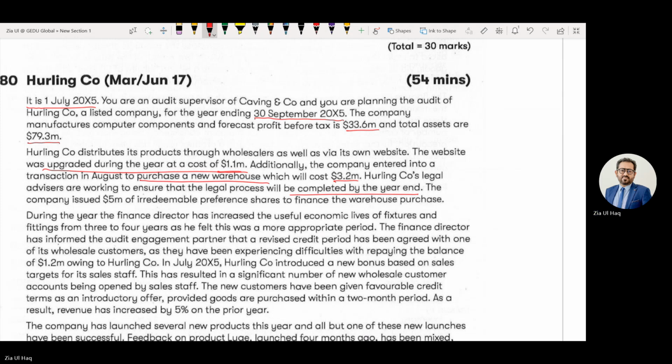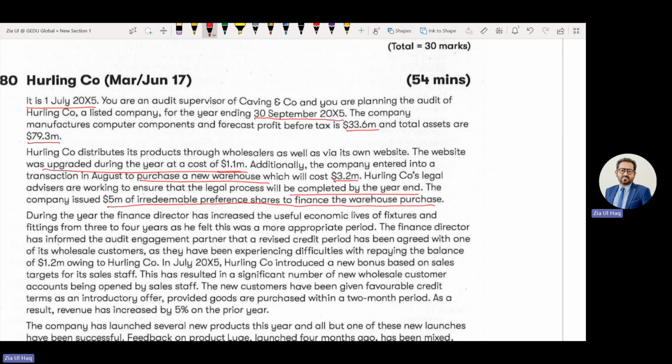Meaning the warehouse is not transferred to the company's name. The company issued $5 million of irredeemable preference shares to finance the warehouse purchase, to get the money.